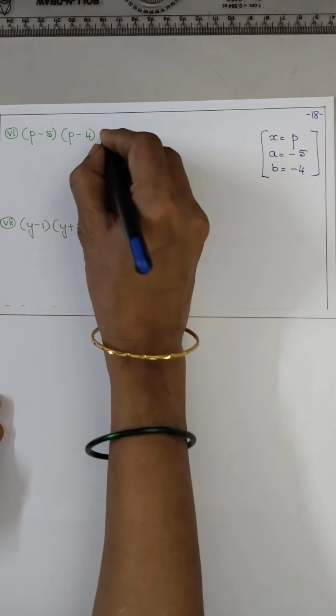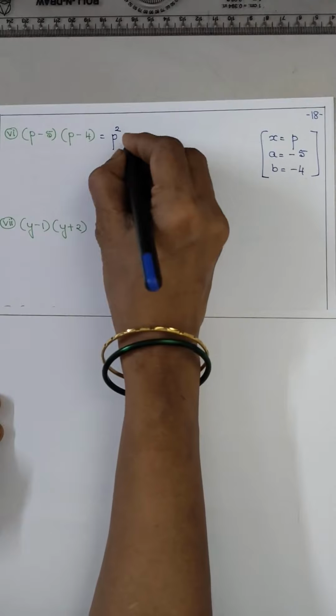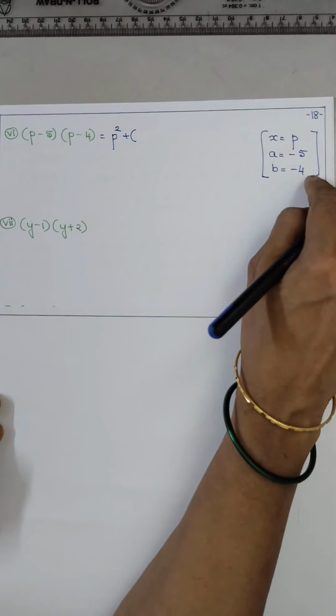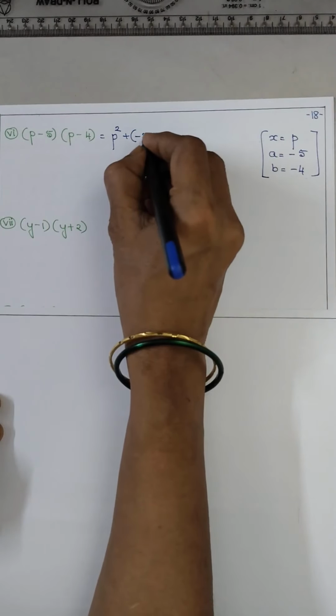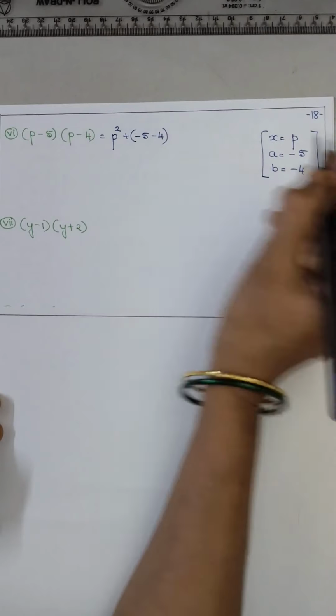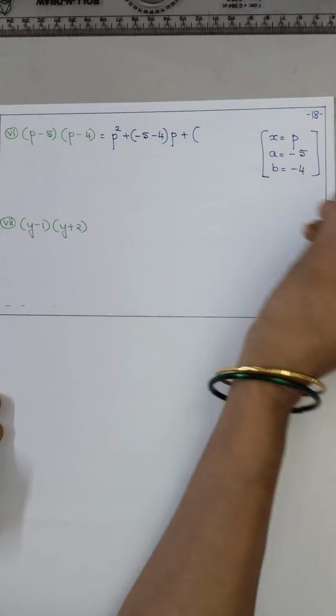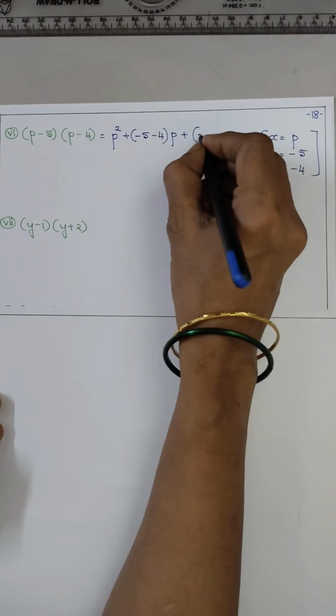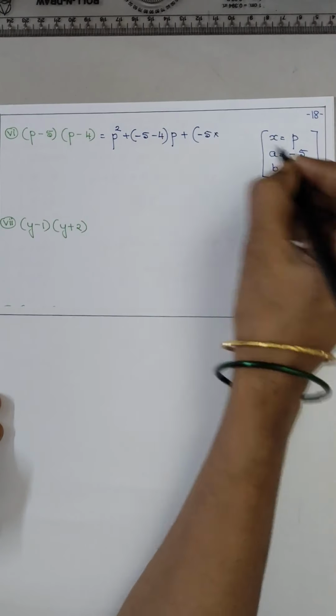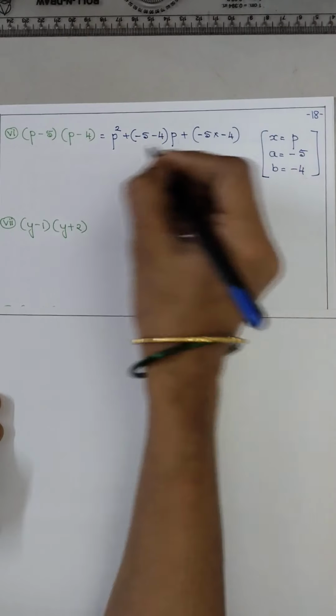Now x², that is p², plus (a + b), minus 5 minus 4, into x, that is p, plus ab, minus 5 into minus 4.